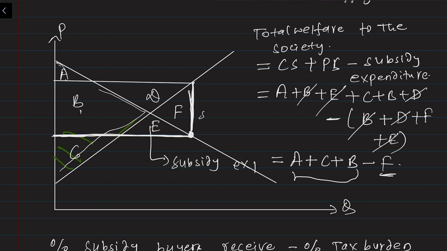And what is F? It's a small triangle, the deadweight loss created by the subsidy, similar to tax. So you are basically subtracting the deadweight loss from the total economic surplus before subsidy. So this is our total welfare to the society.